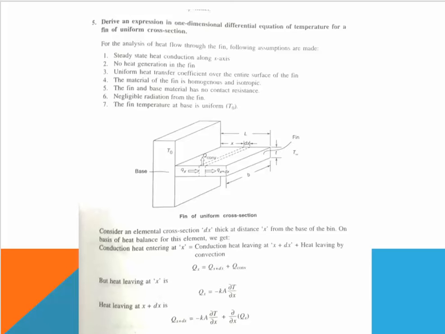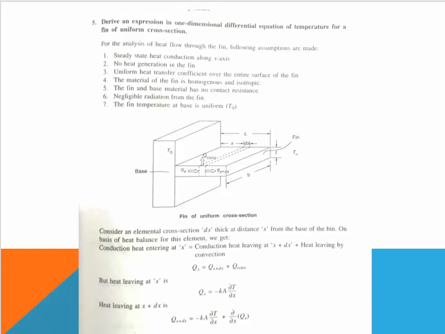Third, a uniform heat transfer coefficient over the entire surface of the fin. The material of the fin is homogeneous and isotropic. The fin and base material have no contact resistance.